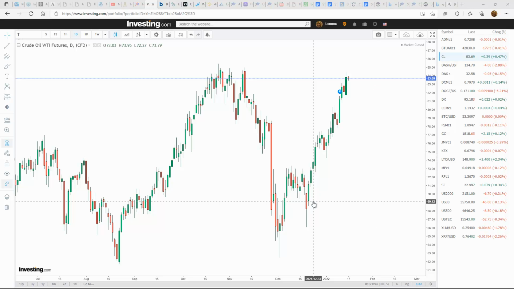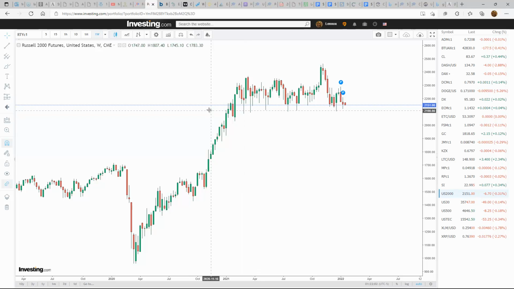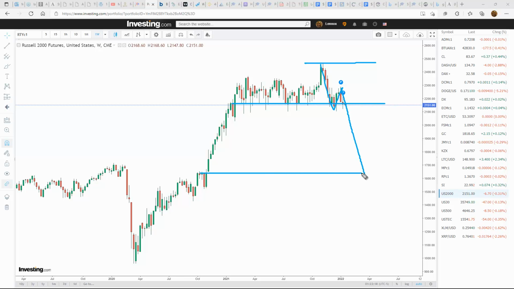Okay, let's take a quick look at the Russell 2000. And on the weekly, Russell sitting at a precipice. Wow. Okay, so if this were the end of the move, then we could see a huge decline back down into this area.